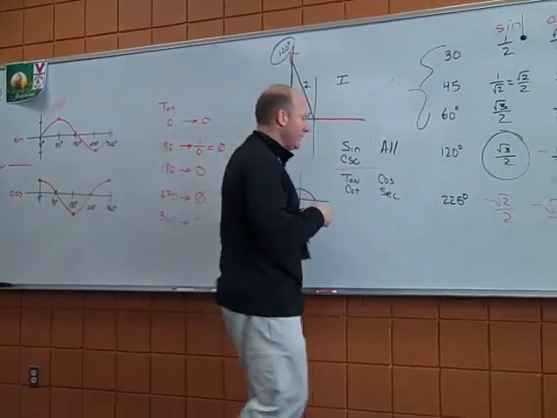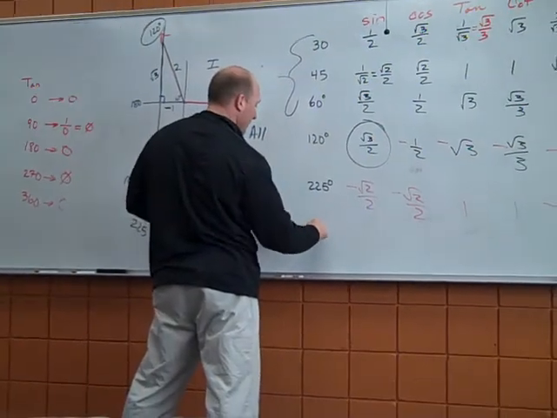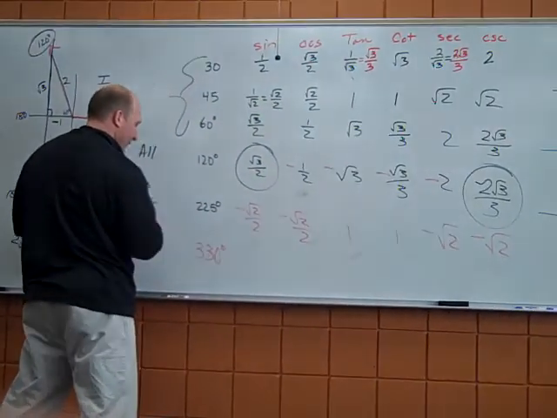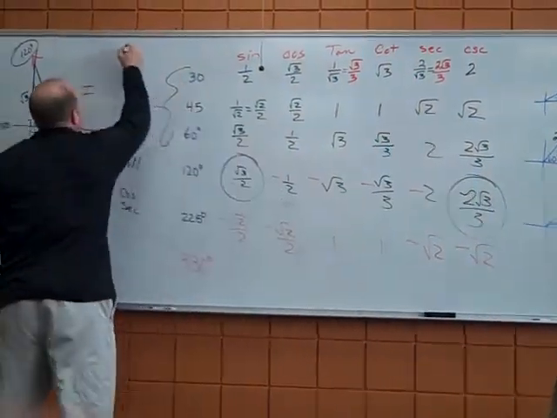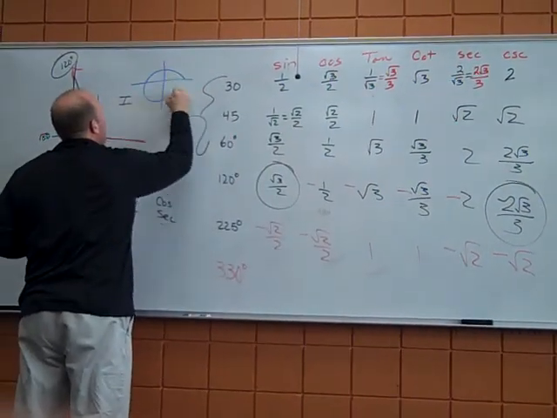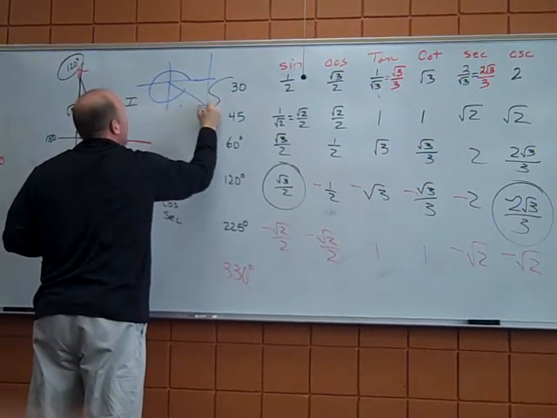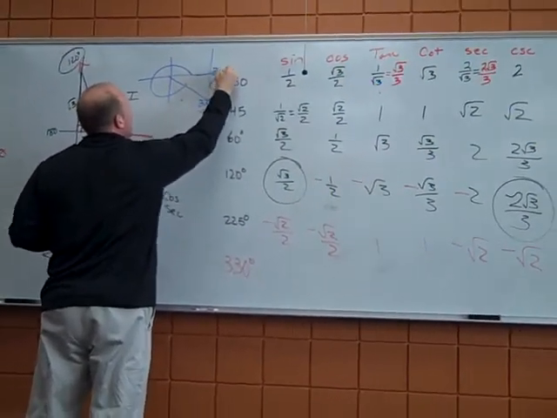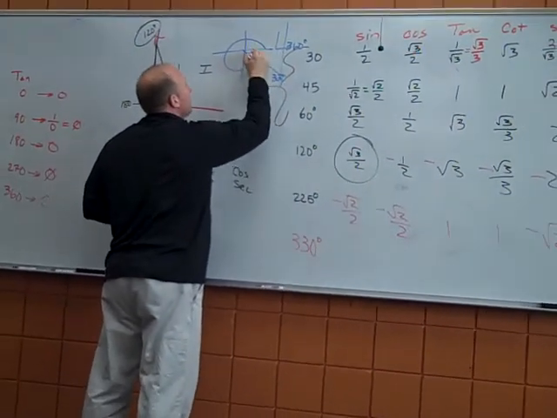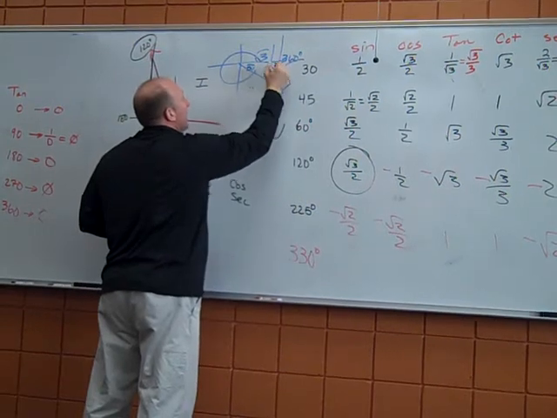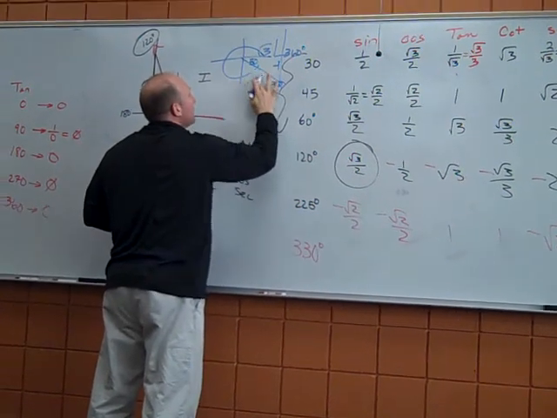Let's jump ahead to 330 degrees. Get vertical. If this is 330 and this is 360, what's the distance between your legs? 30 degrees. So this is radical 3. This is negative 1 and 2.